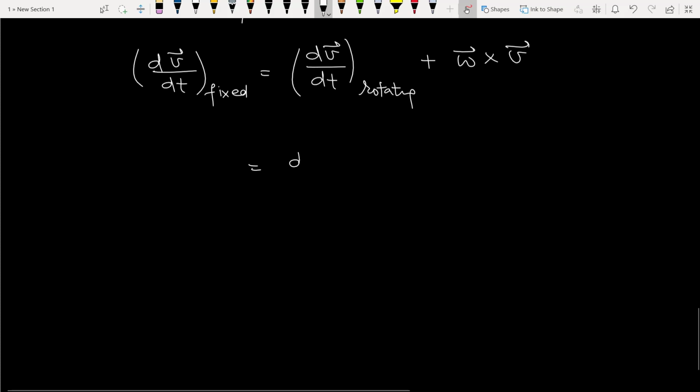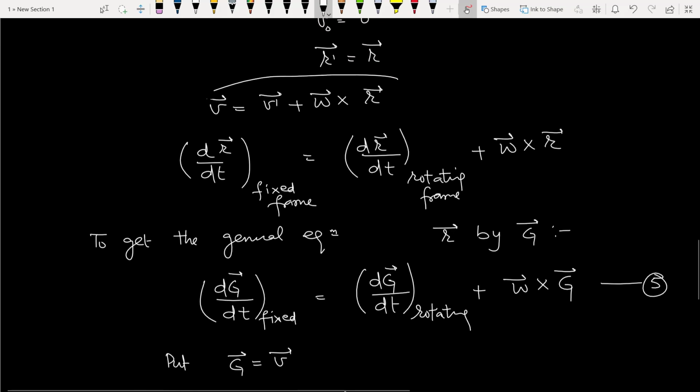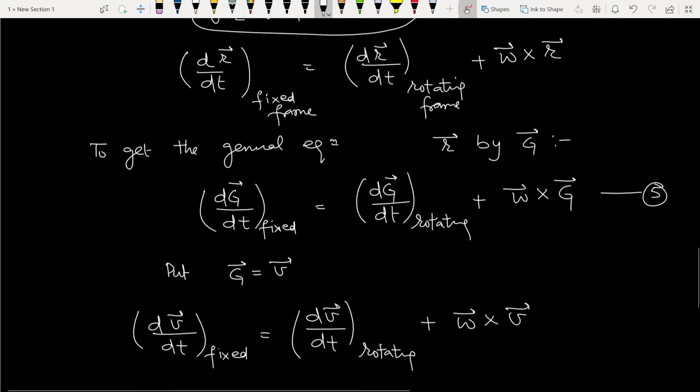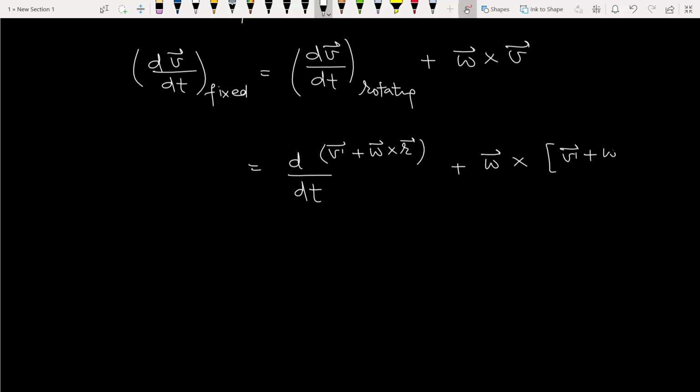So here d upon dt of v is the velocity in rotating frame. So here the value of v we substitute from here. It is v dash plus omega cross r, v dash plus omega cross r, plus omega cross again v dash plus omega cross r.